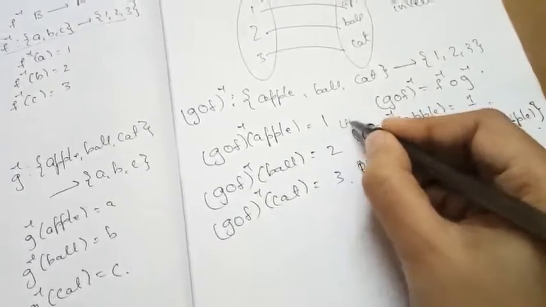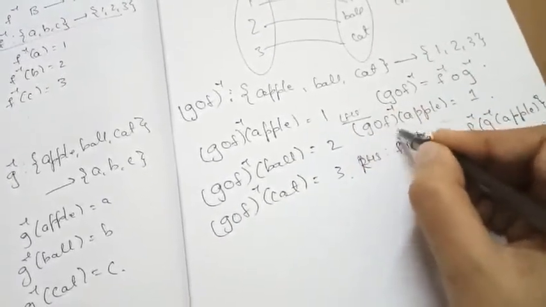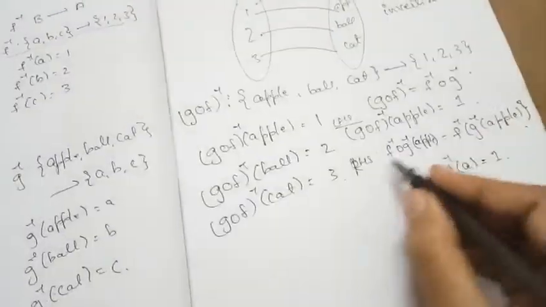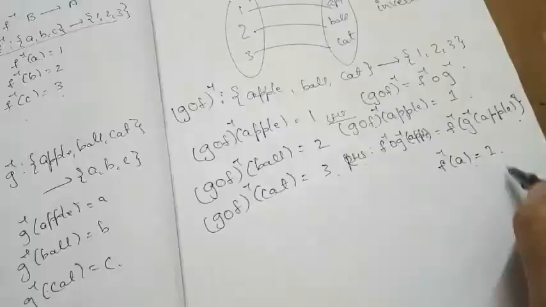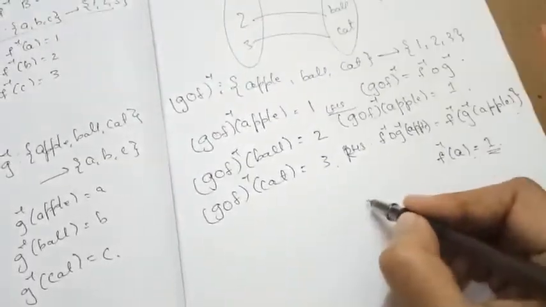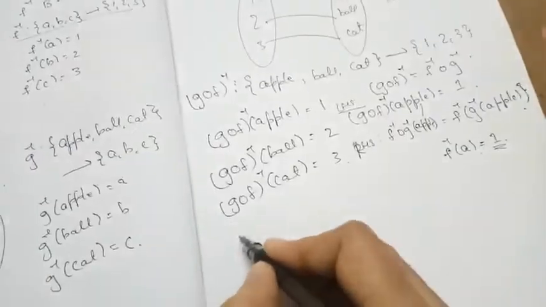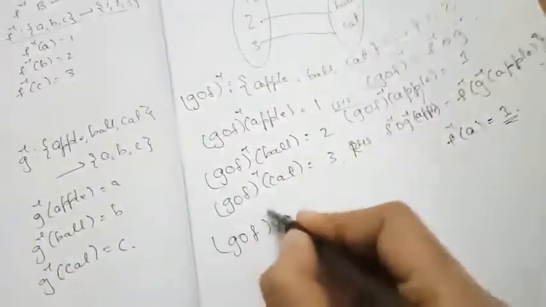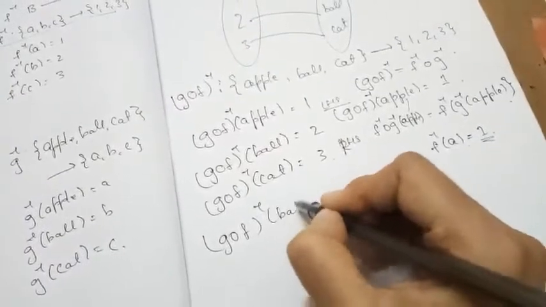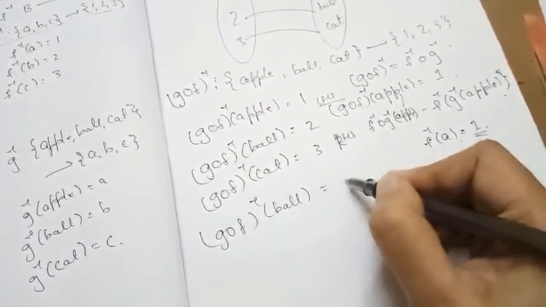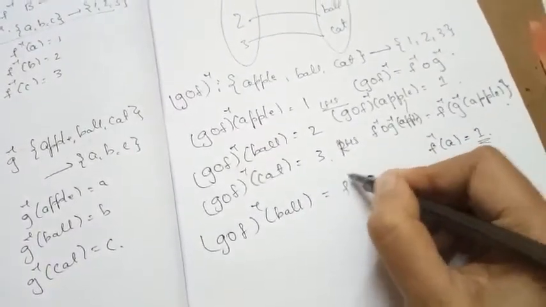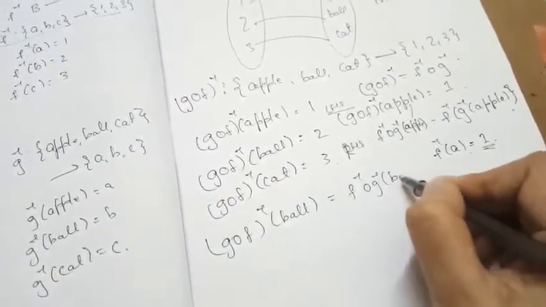So our LHS, (gof) inverse of apple, is 1. RHS, f inverse of g inverse of apple, is equal to 1. So clearly LHS is equal to RHS for apple. Similarly, you can check for (gof) inverse of ball, and you can check this with f inverse of g inverse of ball also.